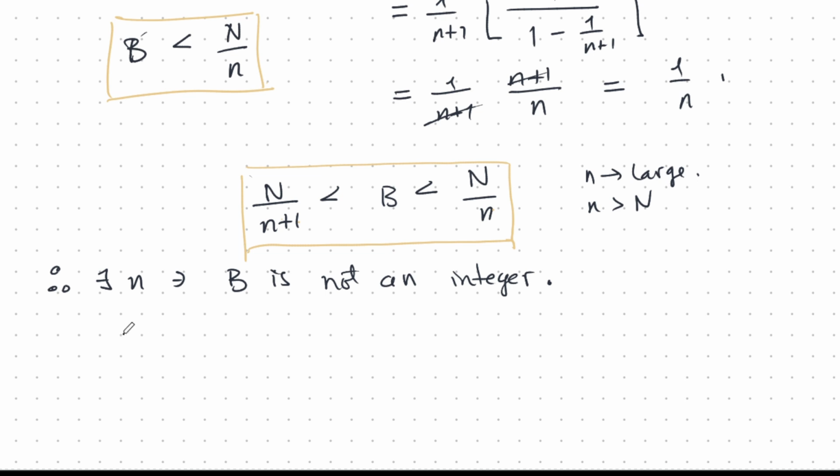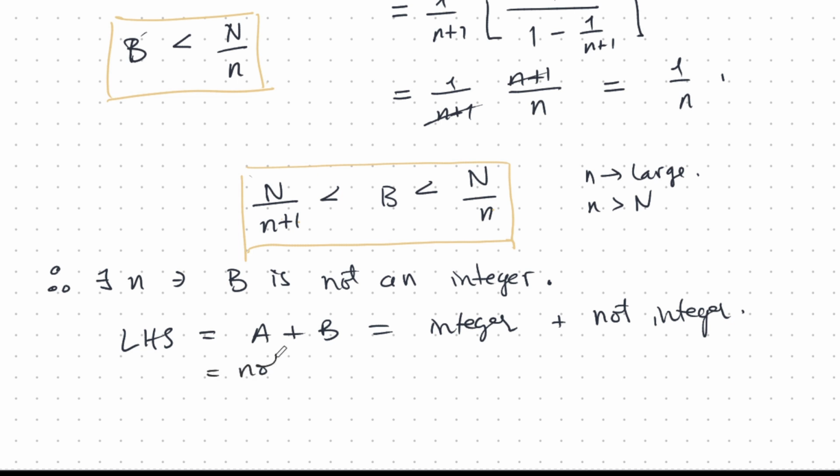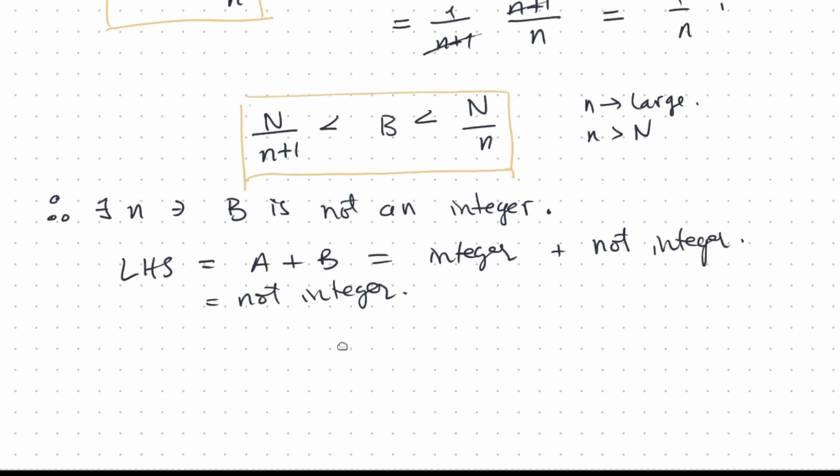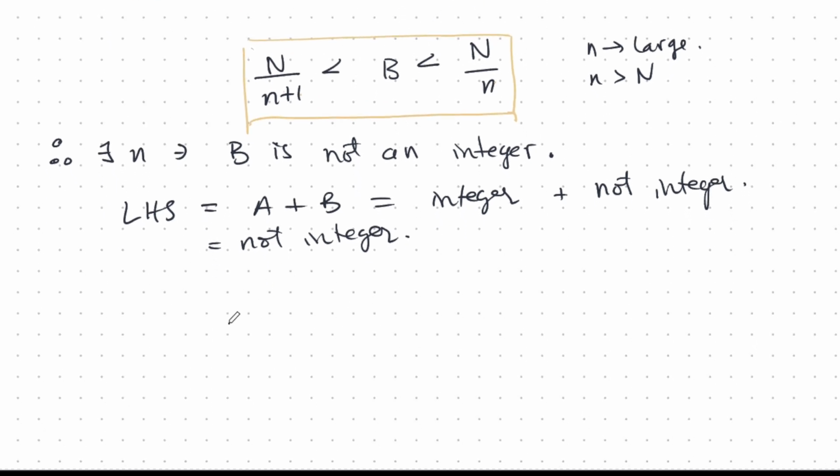So what about the left-hand side? Left-hand side for some value of n is a plus b. This is an integer times something that's not an integer. Well, this is not an integer. Okay. However, what was the right-hand side?